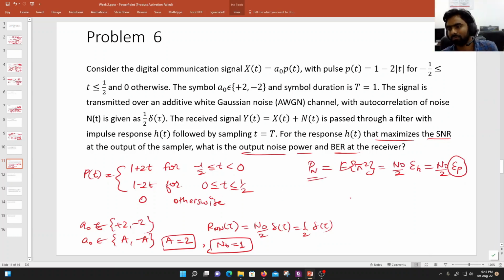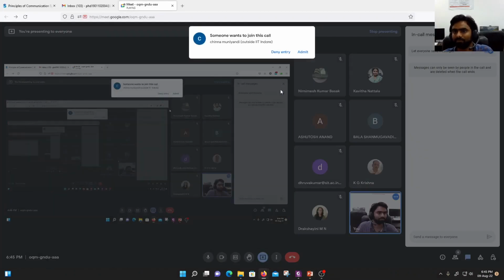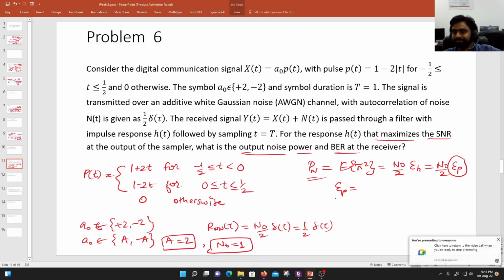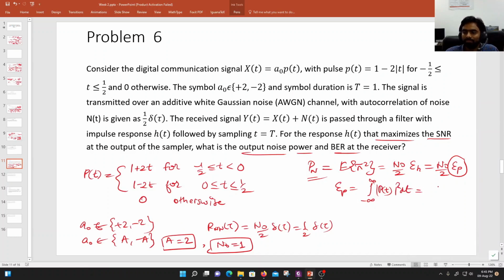N naught is 1, so you have to find E of p. You need to find the energy of the pulse. Anyone got the answer for E of p?